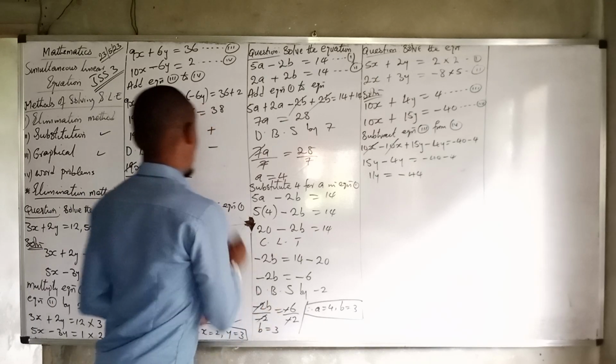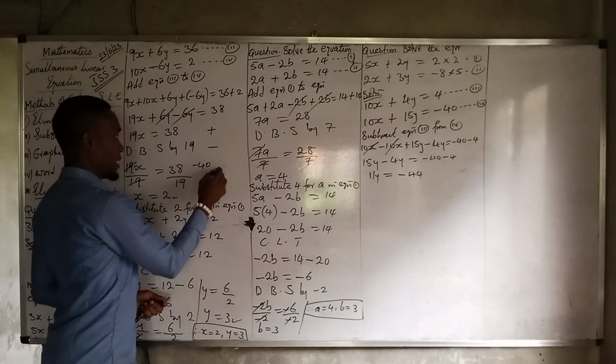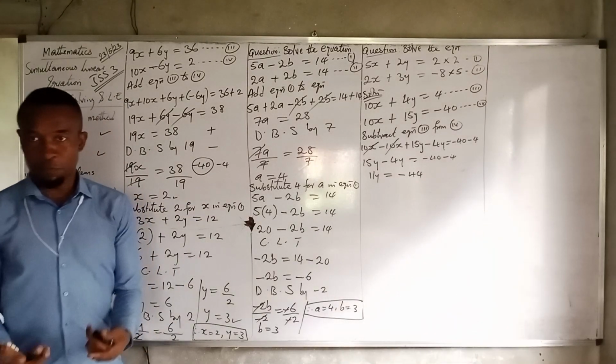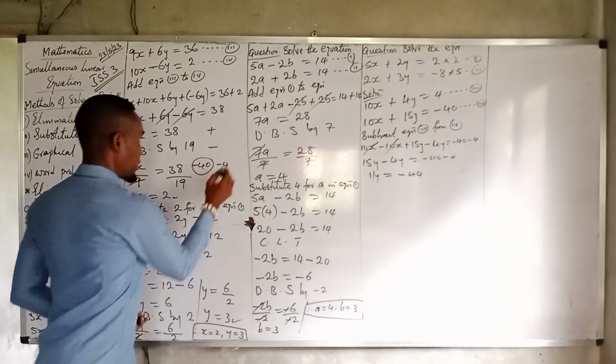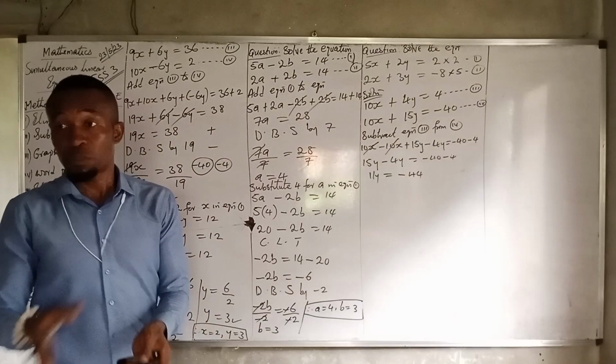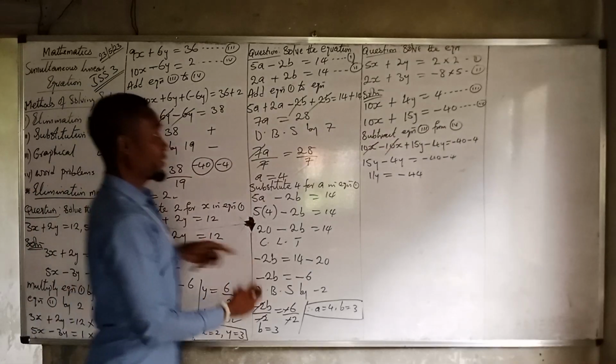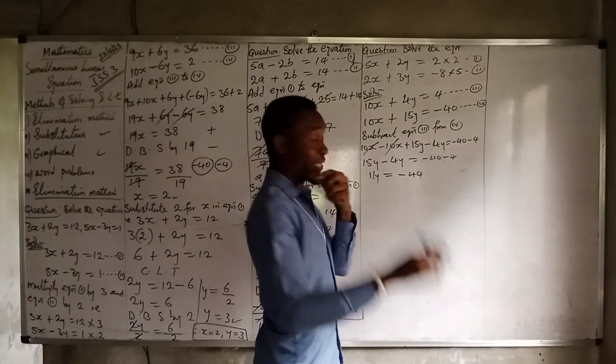Minus 40 means you are owing somebody 40 naira. Minus 4 means you are owing another person 4 naira. Altogether, you are owing 44 naira, so it is minus 44.